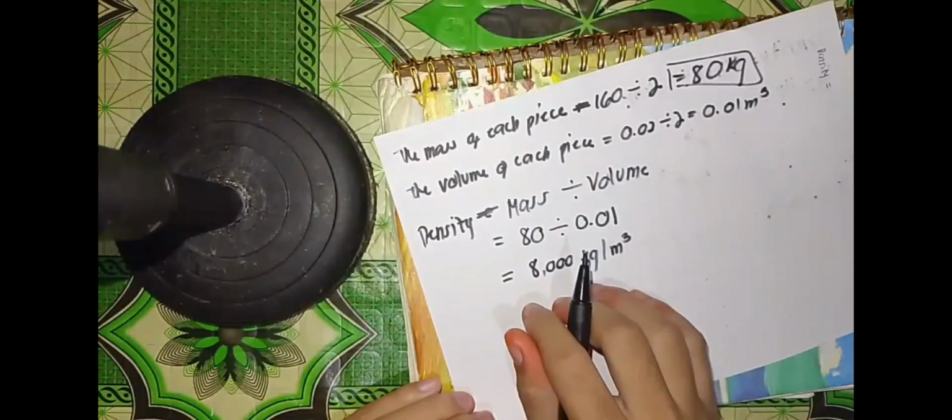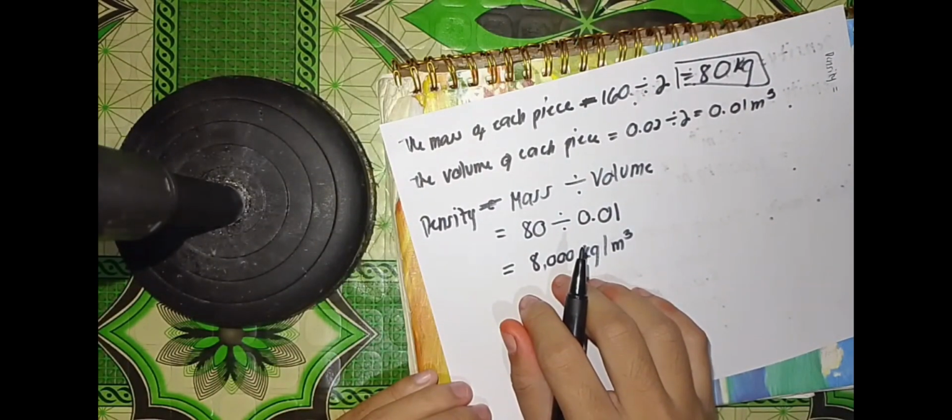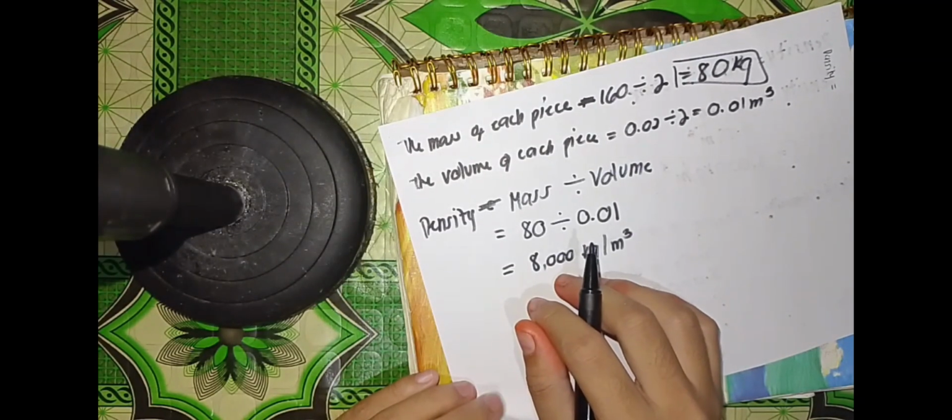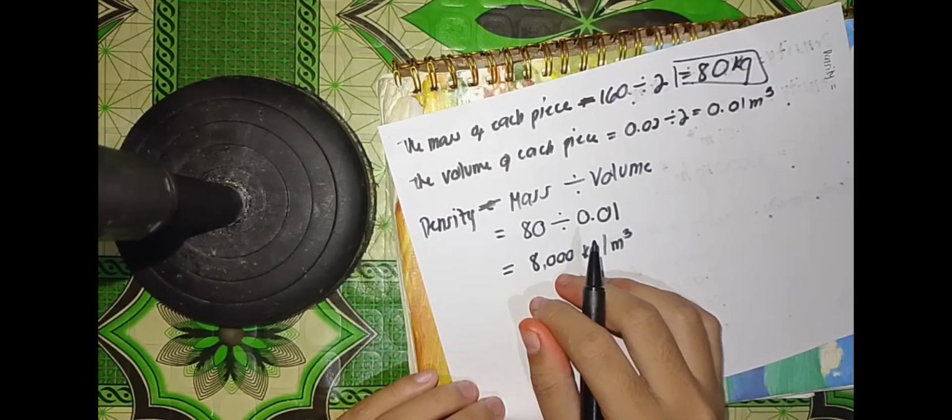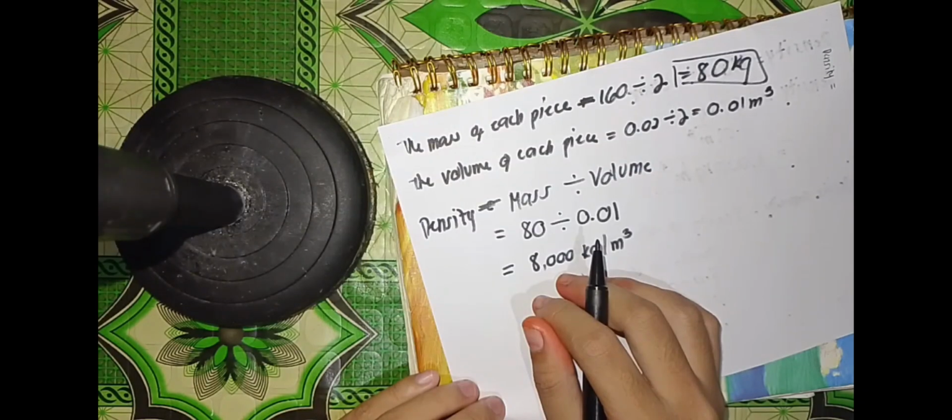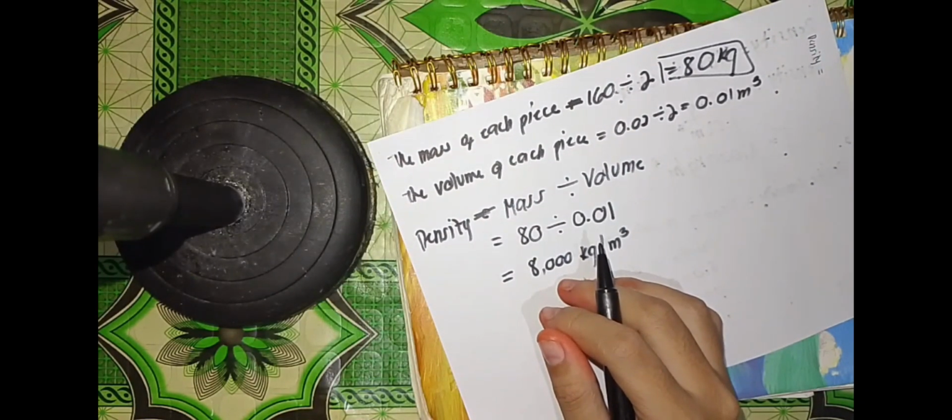In conclusion, for the density, we've got 8,000 kilograms per cubic meter. Specific gravity is equal to 8. Each half has 80 kilograms mass, 0.01 cubic meters volume, and at the same time a density of 8,000 kilograms per cubic meter.